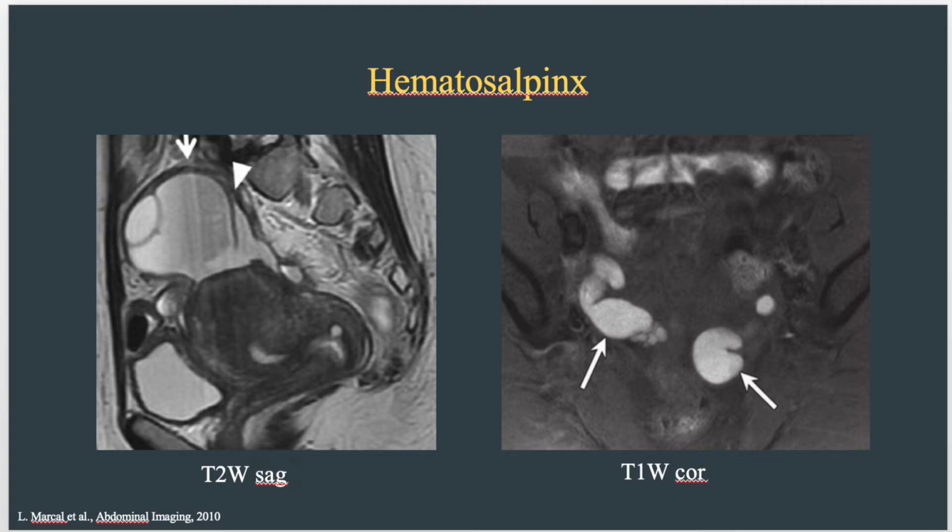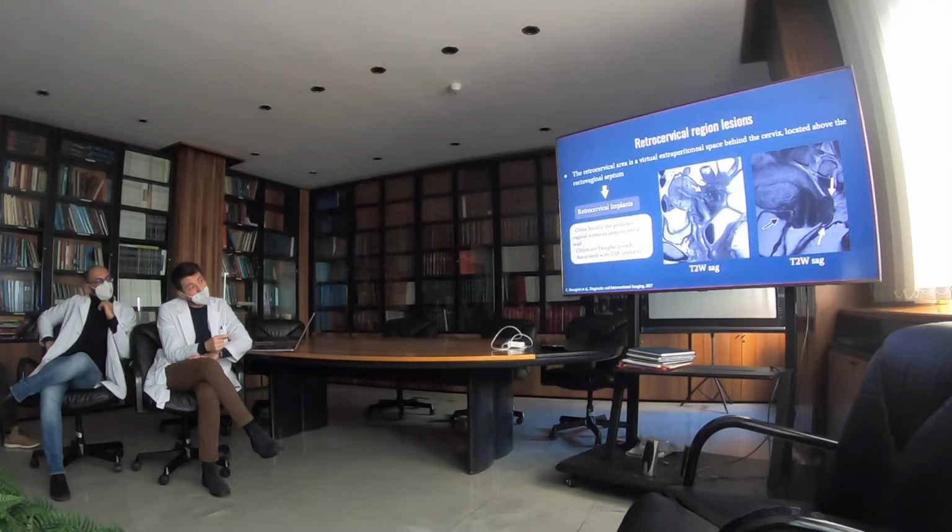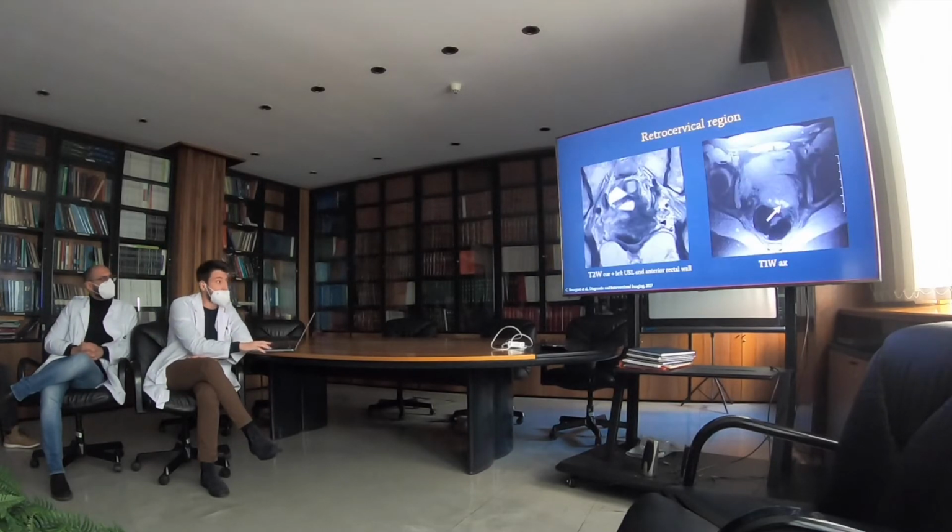The cervical lesion is another typical site of endometriosis, and here we can see it in a T2 sagittal sequence, involving the anterior wall of the rectum and obliterating the posterior fornix of the vagina.